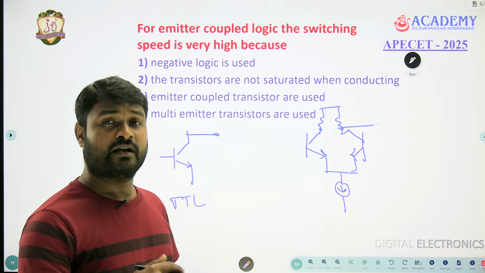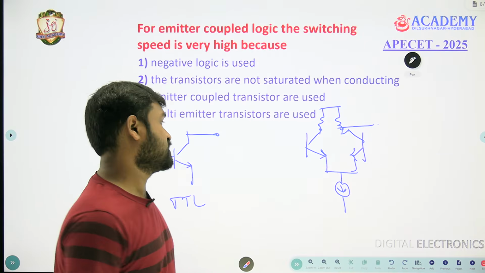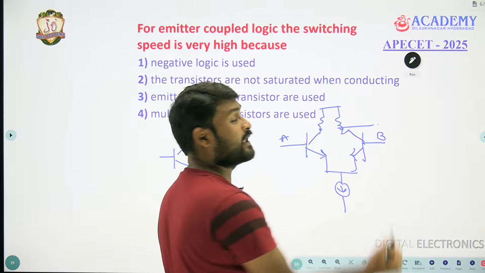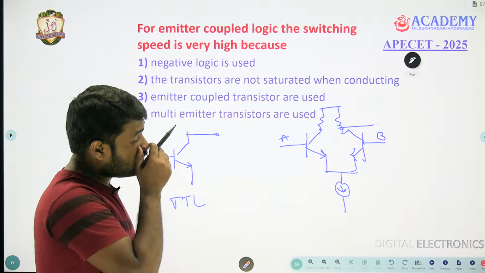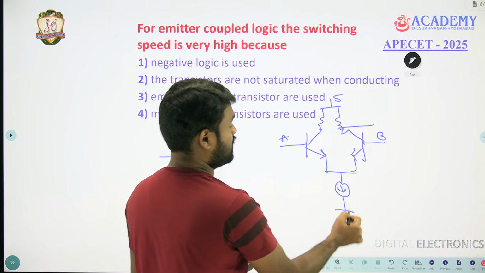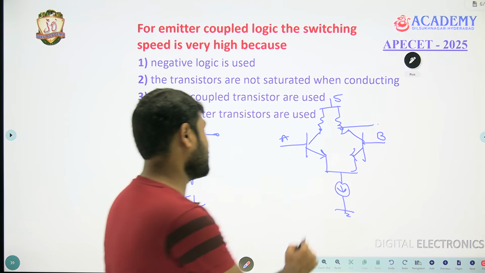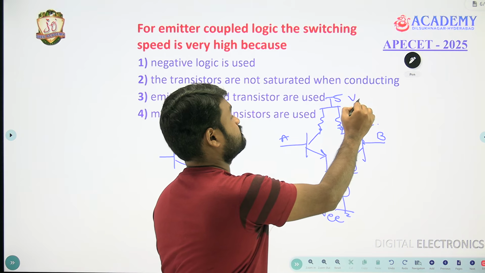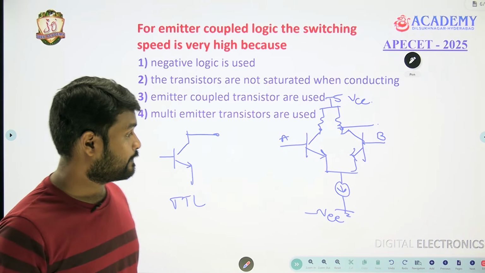That depends upon NAND gate and NOR gate output technology. These are going to be your inputs. Let's say this is A, this is B. This is how your circuit will form. Say this is high, this is low. Basically, we will be giving minus VEE here and plus VCC here.